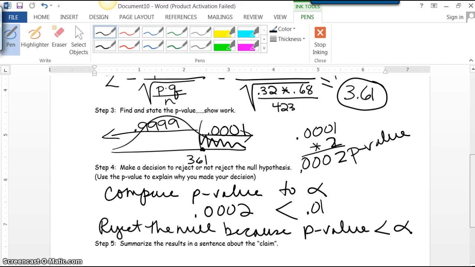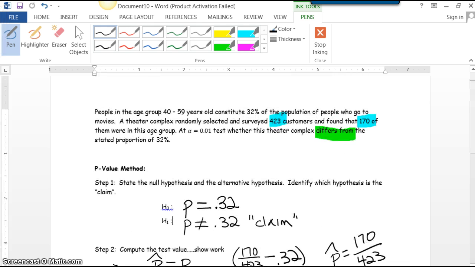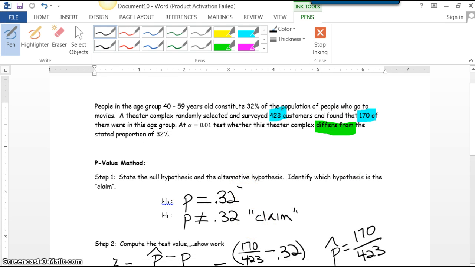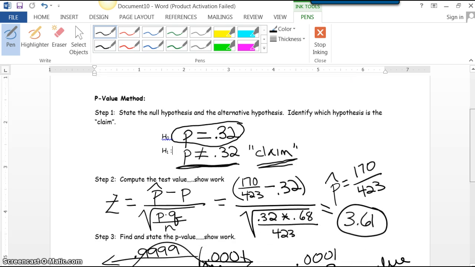Now let's go back and look at what our hypotheses were. We're rejecting this null hypothesis, which means we're saying the alternative is true, and the alternative has the claim attached to it. So we're actually supporting the claim. One more time: we're rejecting the null, which means the alternative is true, and since the claim is attached to the alternative, we're supporting that.